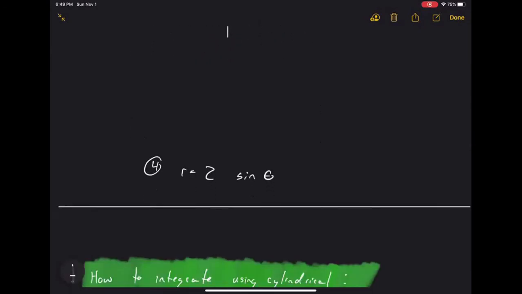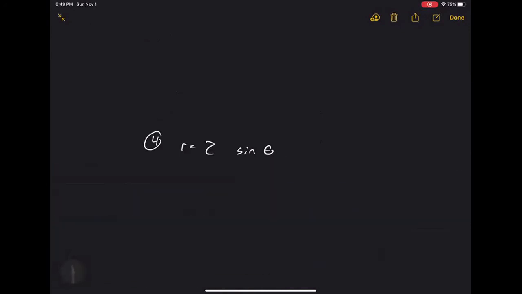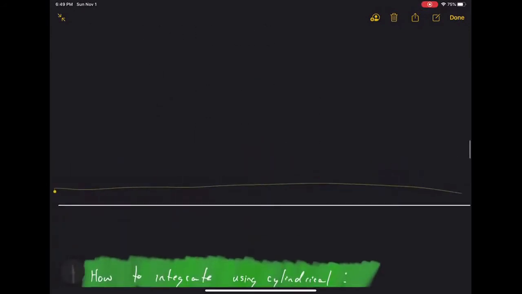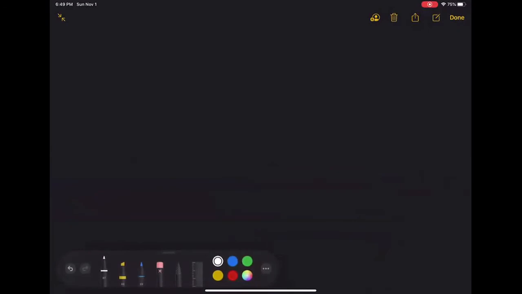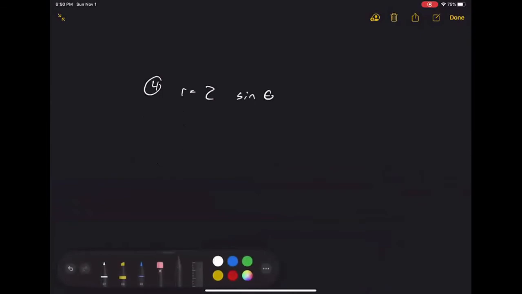All right, what about r equals 2 sine theta? Again, we could probably just convert to Cartesian and look at what the Cartesian graph is, but let's try and keep ourselves in polar coordinates, so the cylindrical coordinates.